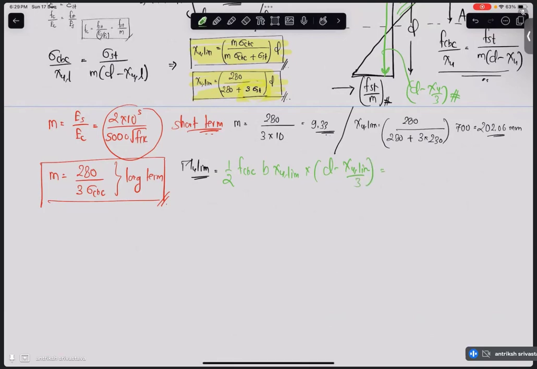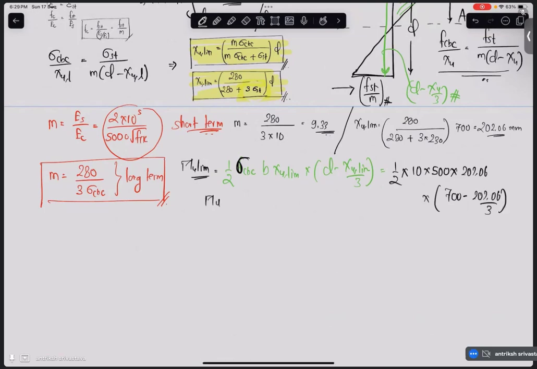When you put the values, you will see 1 by 2. So this fcbc is nothing but sigma cbc only, because we are trying to calculate the limiting scenario. 10 into 500 into 202.06 into 700 minus 202.06 divided by 3.